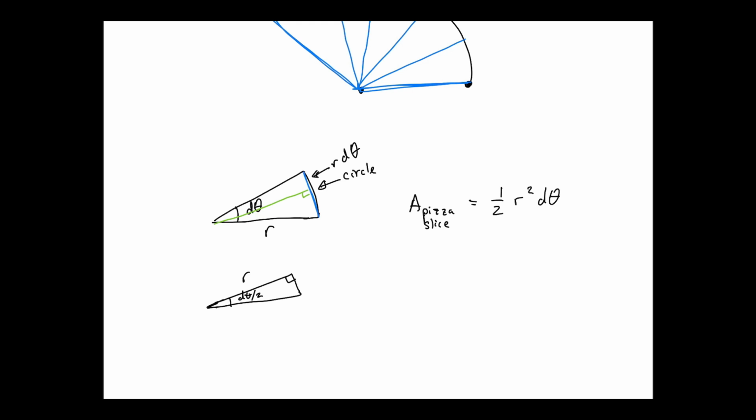So if that length is r d theta, what is this length down here in my half slice? It'd be half that. This is a right triangle, so what's the area of this? It'd be 1/2 base times height, which is what?